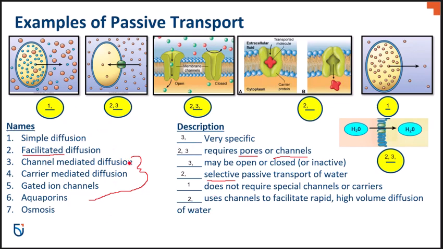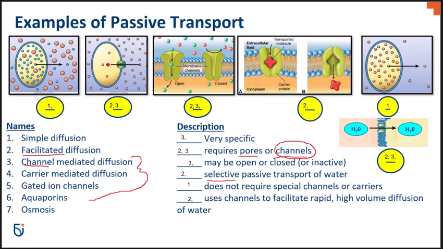A couple of important points about channel-mediated diffusion is that, one, it means there's going to be some sort of channel present, an opening that can allow the substance to move through. And we can see that quite simply here. Here's an integral membrane protein embedded in the plasma membrane that's going to allow for the movement of substances that can't otherwise get in.